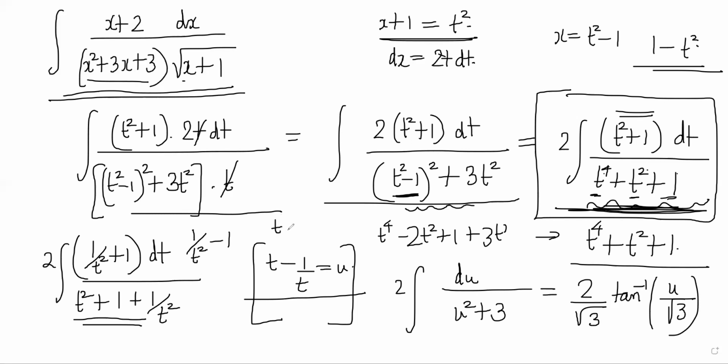Then I would have taken t plus 1 by t as u, right? This is a common substitution, t minus 1 by t or t plus 1 by t as u, which will give you either 1 by t square plus 1 or 1 by t square minus 1 on top, right?